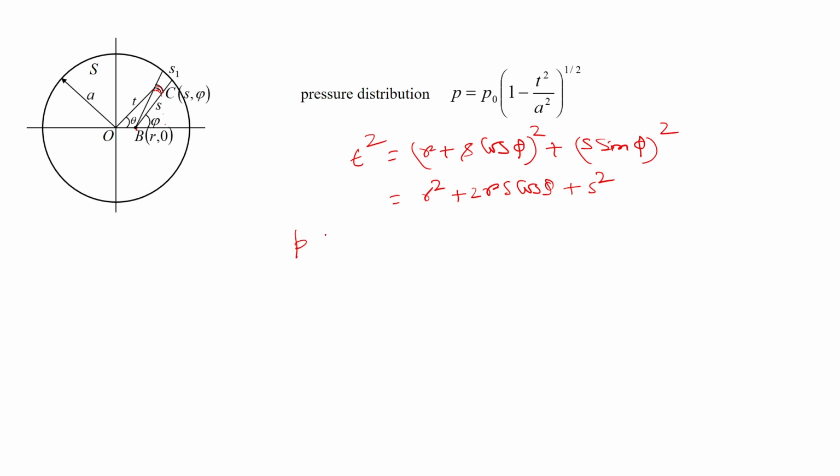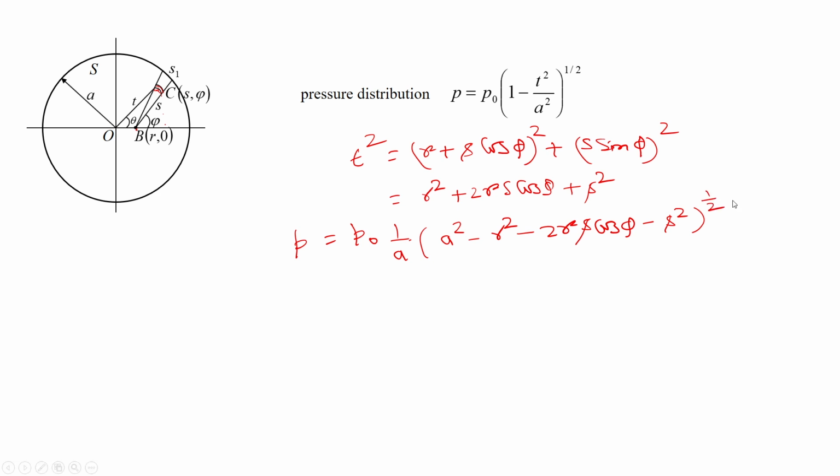So, we can write p is equal to p0 by a, into the square root of a square minus t square. So, it is a square minus r square minus 2 r s cos phi minus s square, under the square root.